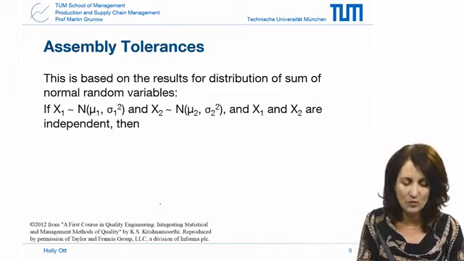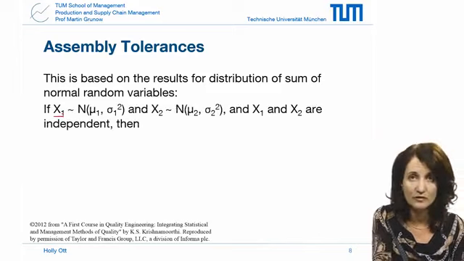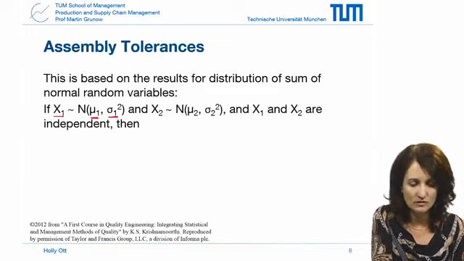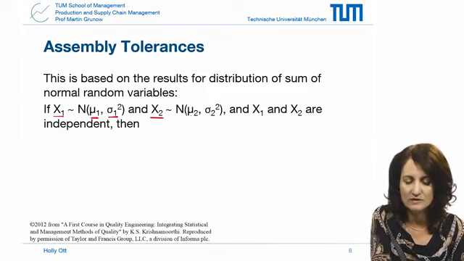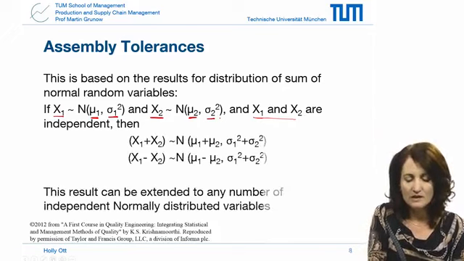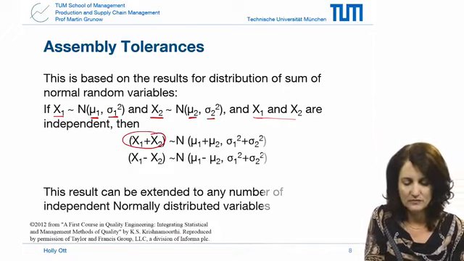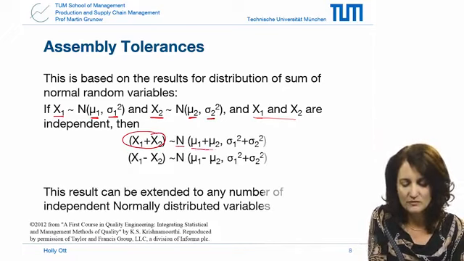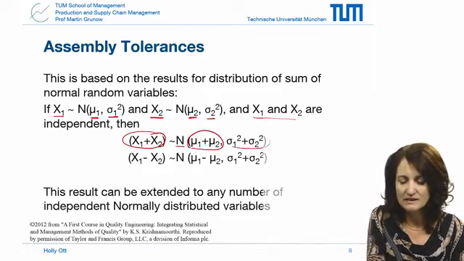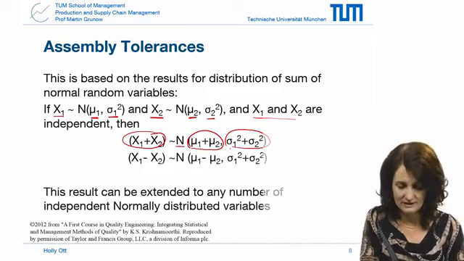So if one random variable, your first length, is distributed with a mean and a variance, standard deviation squared, and your second component has a mean and a standard deviation squared, a variance, and if these two are independent, then the sum of these variables is going to be normally distributed with a mean equal to the sum of the means and the variance equal to the sum of the variances.